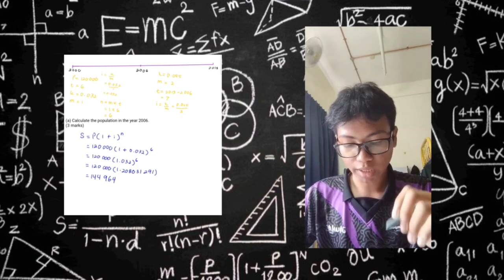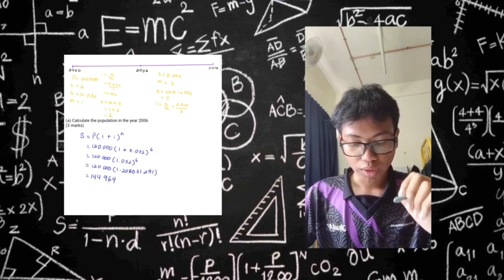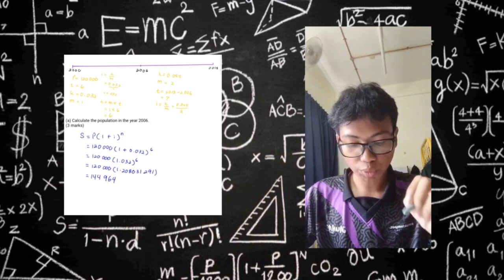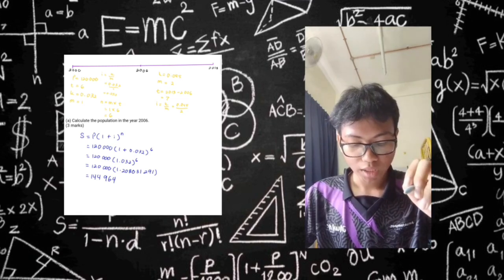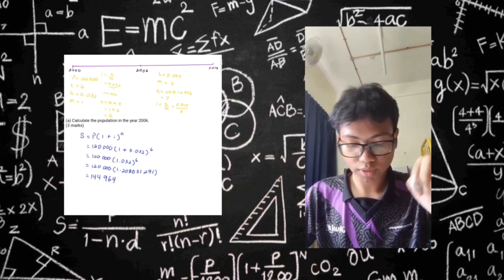Next, let's calculate I equals K over M, so 0.032 over 1, so it will equal 0.032. And next we will calculate N equals T times M, so our T is 6 times 1, and our N equals 6.